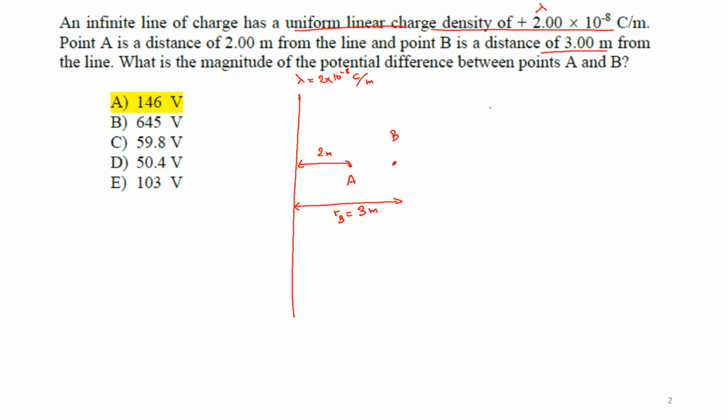So they want the magnitude of the potential difference. So basically VB minus VA, but we want the absolute value, or the magnitude. So how do we get this?